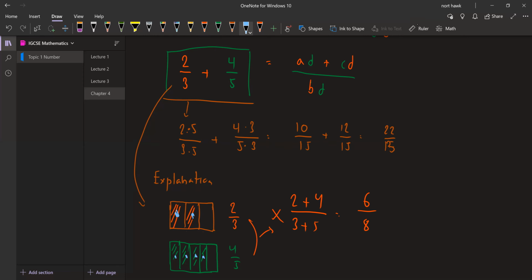Now, as you can see, the length, the thickness of these are different, right? So it doesn't really make sense to add 2 and 4 because they're of different size. So we have to make them the same.